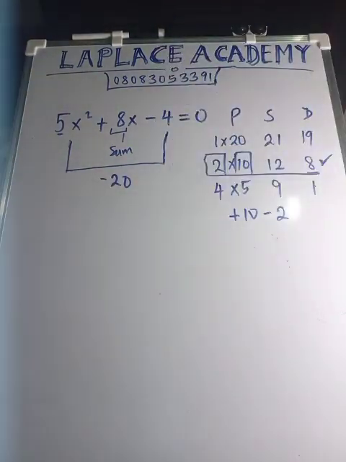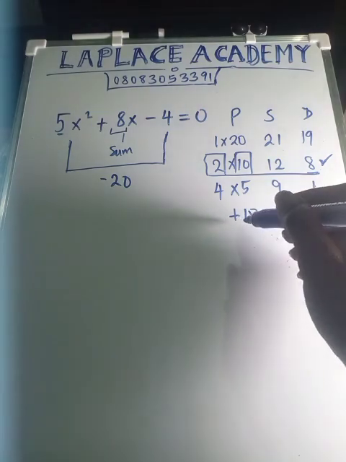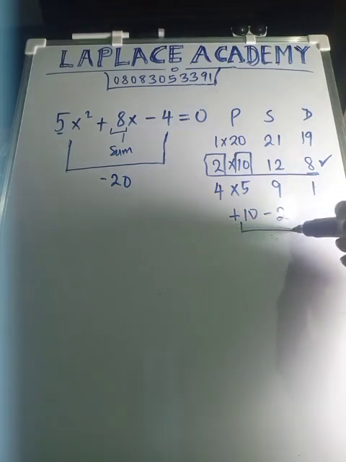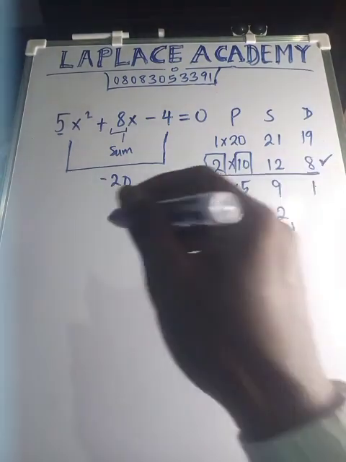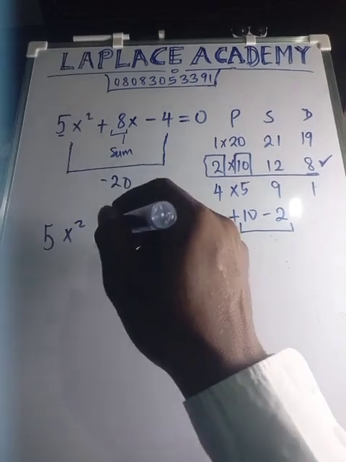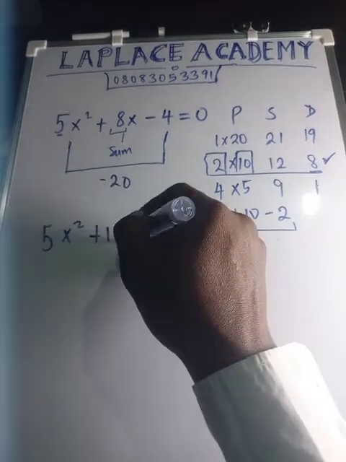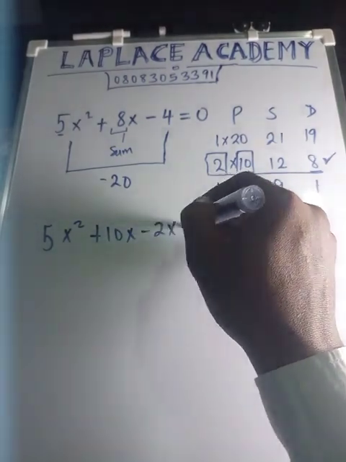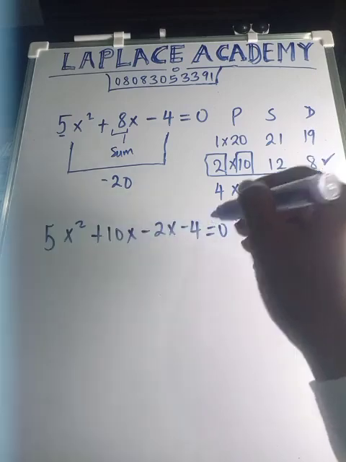Since we are trying to make the trinomial's 3 terms into 4 terms so that we can pair them up 2, 2, instead of writing that 8, I'm going to write 10x minus 2x. So we now have 5x squared plus 10x minus 2x minus 4 equals 0.